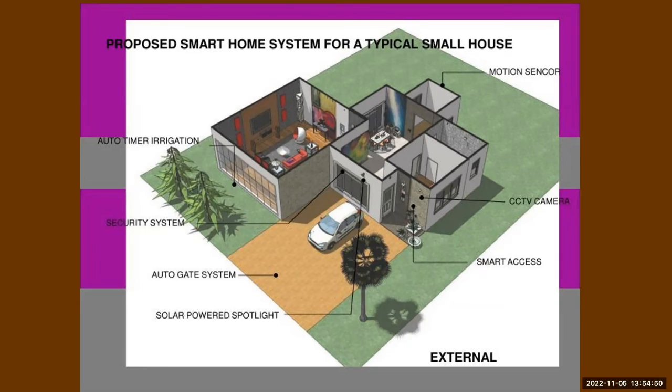We have an auto gate system, even a solar powered spotlight. We have smart access to our doors. We have a CCTV camera, and we have motion detections. This is for the external. These are things that you could put on the external part of your house.